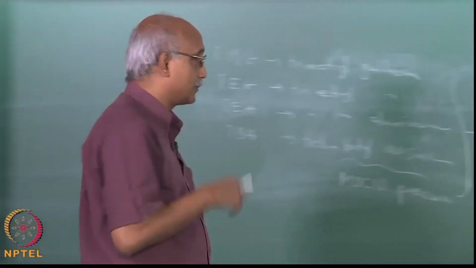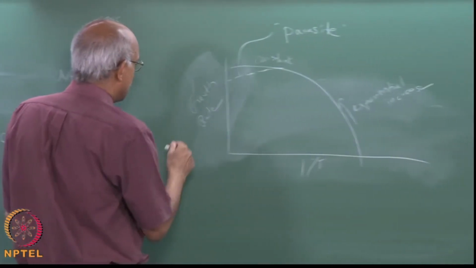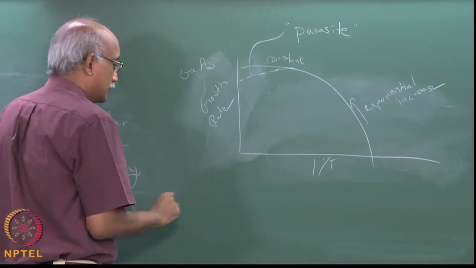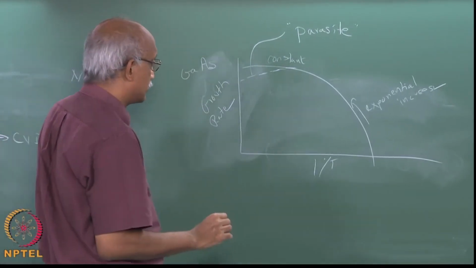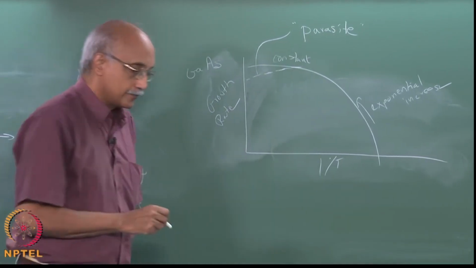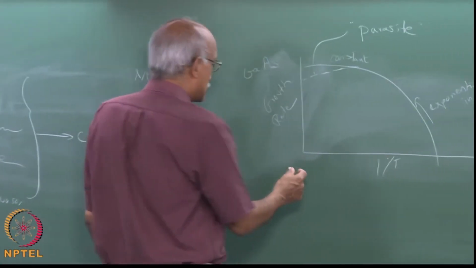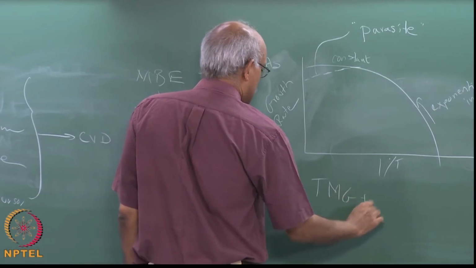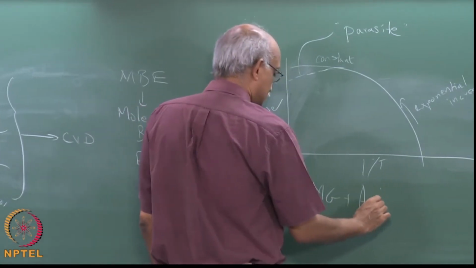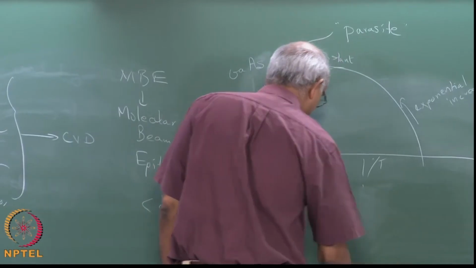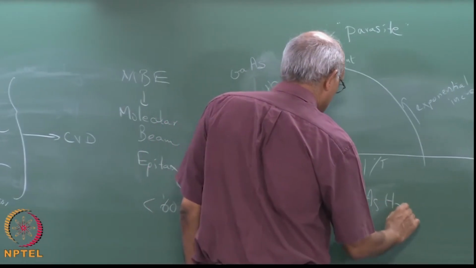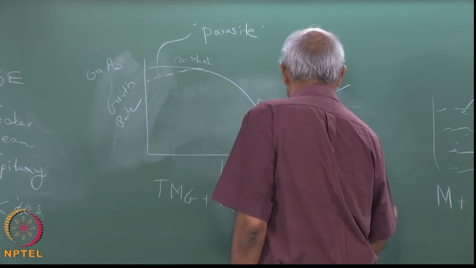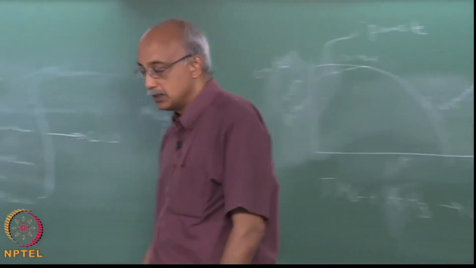For example, let us say you are trying to make gallium arsenide, and the system is TMG plus arsine, which gives you the gallium arsenide material.